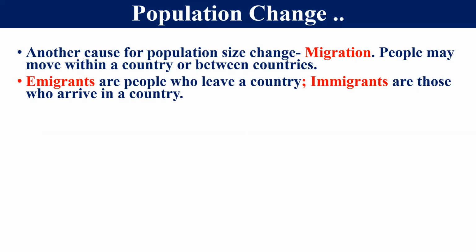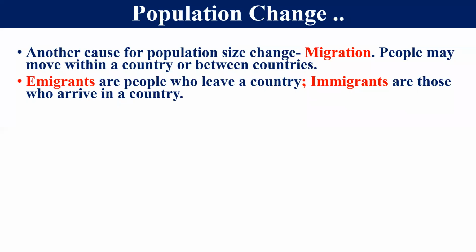Due to this, we have two important words, emigrants and immigrants. Remember, the spelling is only a little bit different, but the meaning is totally different. Emigrants are those people who leave a country.